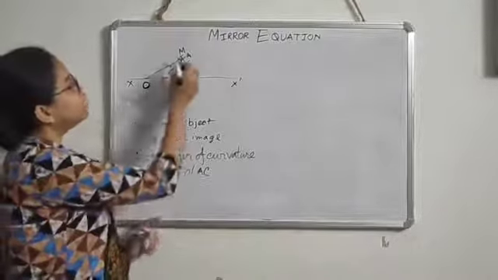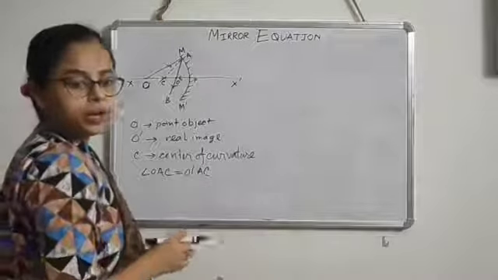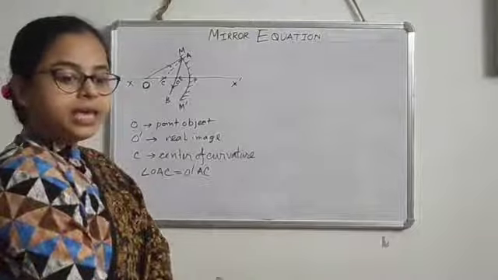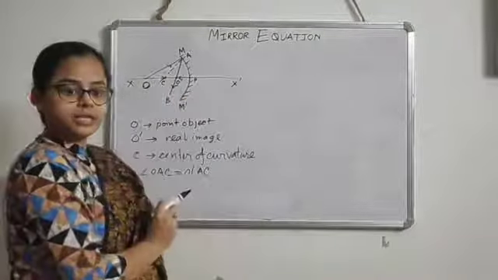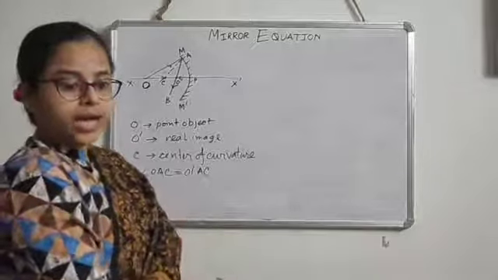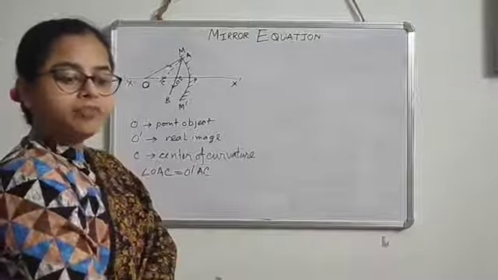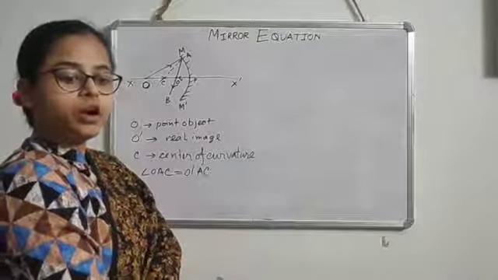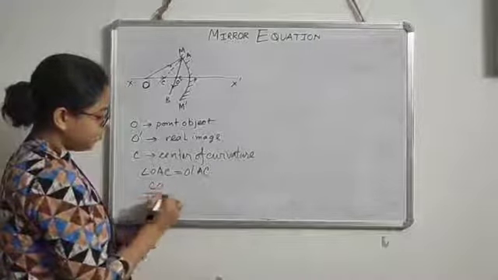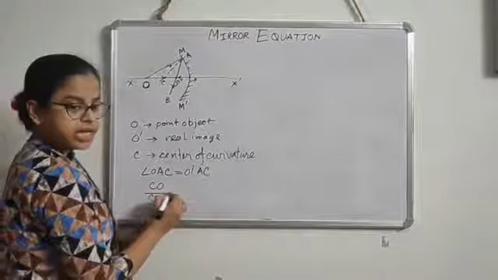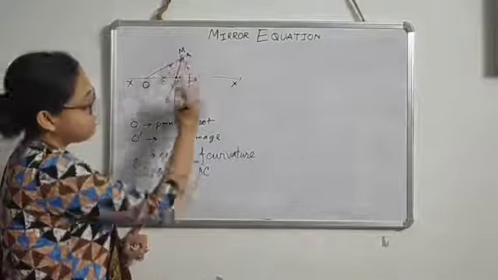And in the triangle OAO dashed, here we can say that CA is the bisector of the angle OAO dashed. Okay. So we know that in a triangle, the bisector of the vertical angle divides the base in the ratio of sides. So we can write that CO by CO dashed is equal to AO by AO dashed.